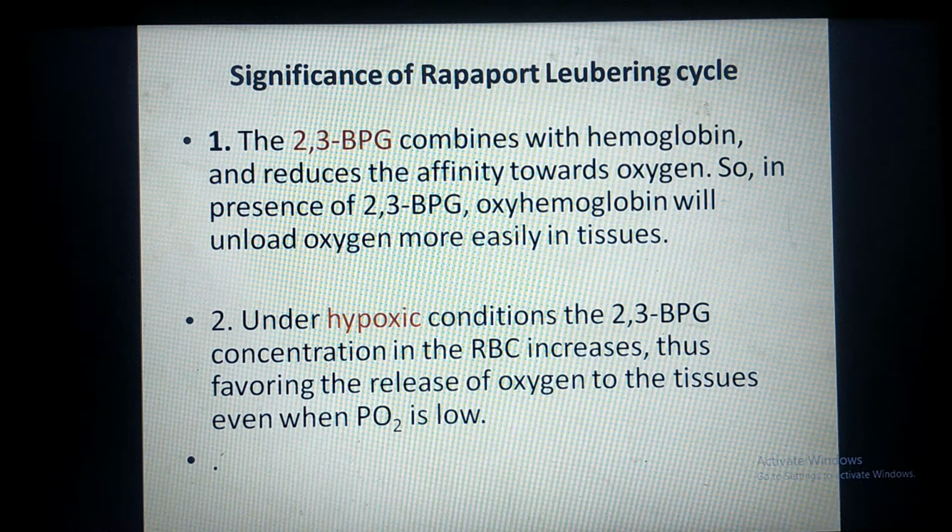Under the condition of hypoxia, means oxygen deficiency, the level of 2,3-BPG inside the cell increases.